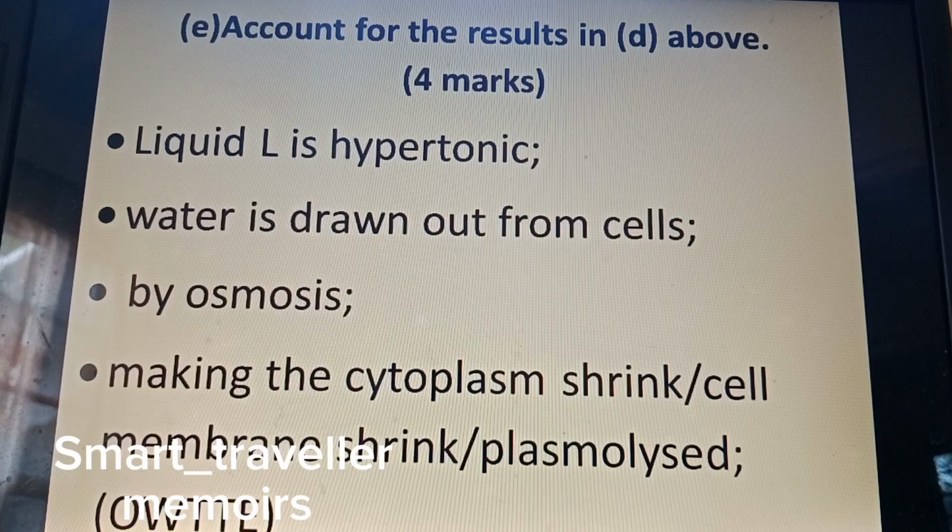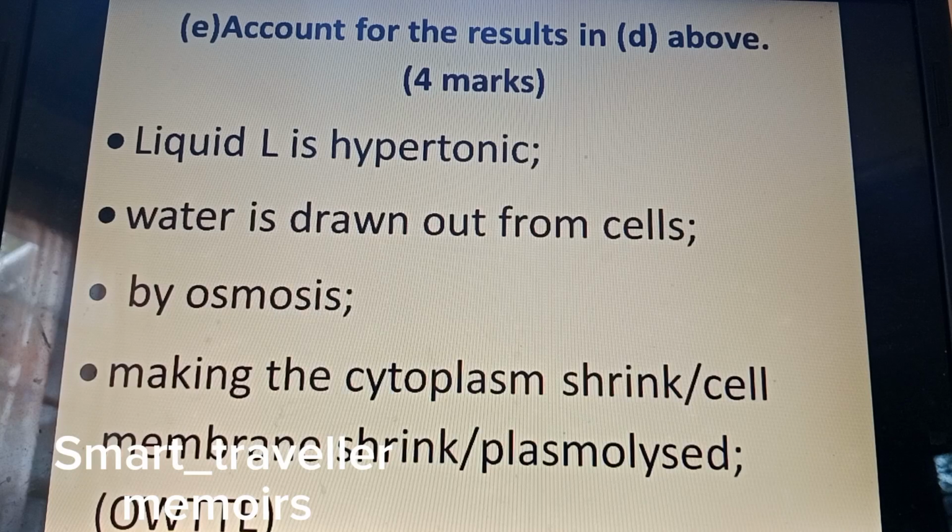Account for the results in D above. So this is what you are accounting. You are getting 4 marks. Liquid L is hypertonic. Water is drawn out from the cells by osmosis, making the cytoplasm shrink. So, when you say liquid L is hypertonic, you get a tick.